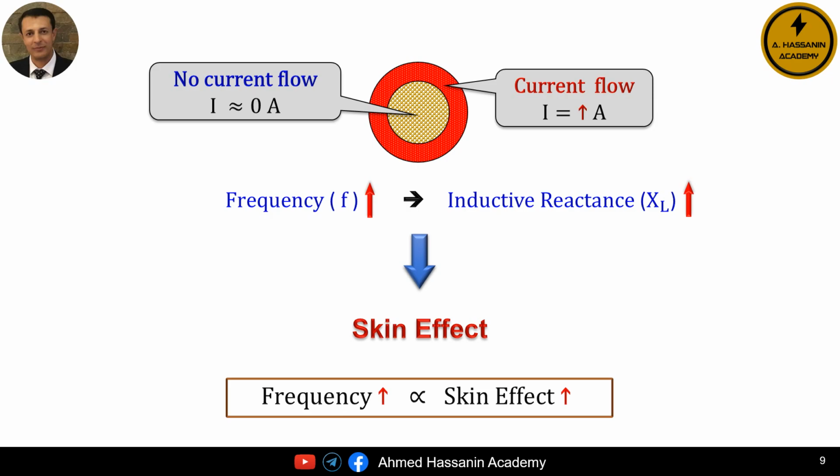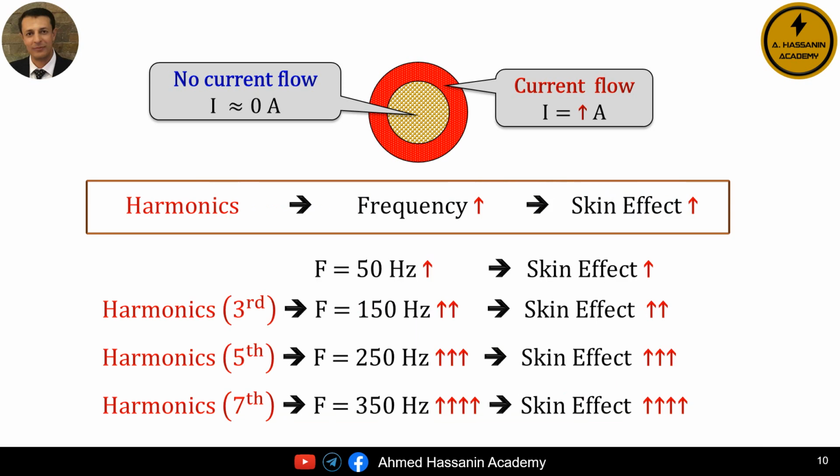This means that the influencing factor on this phenomenon is the presence of the frequency value, meaning that as the frequency increases, the skin effect phenomenon also increases accordingly. Consequently, the current will pass through a thinner outer layer of the conductor due to the increase in frequency. It is very important for us to understand together what causes can lead to an increase in frequency. Of course, there is nothing other than harmonics.